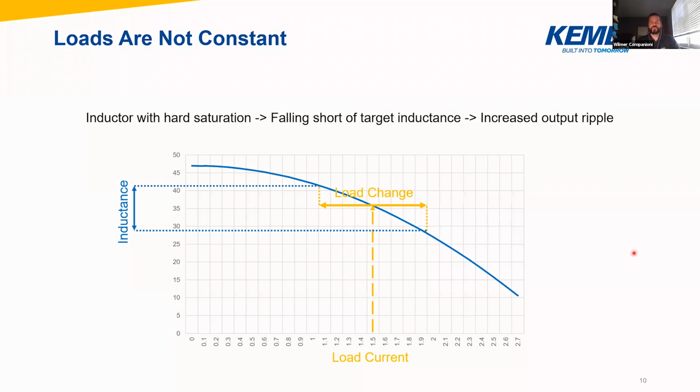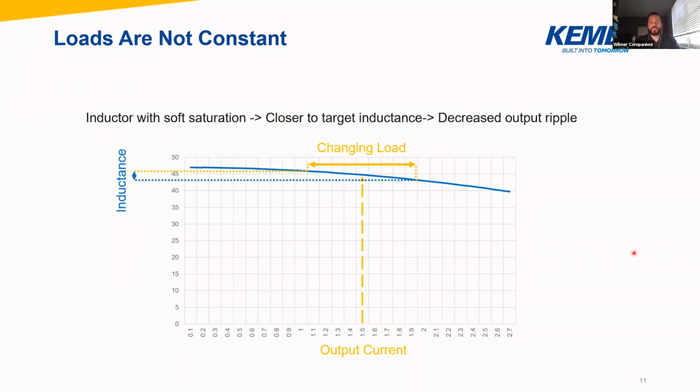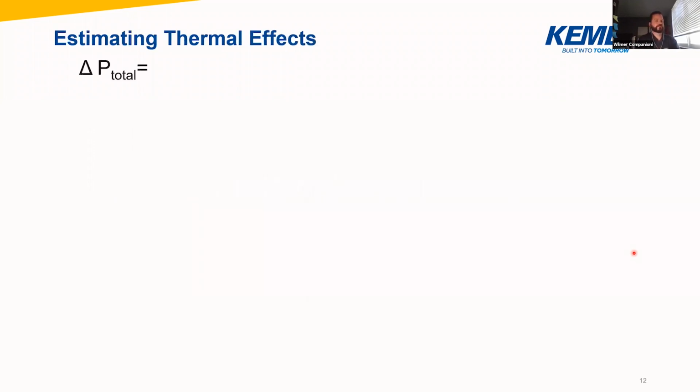And that deviation will take you away from your desired operating parameters. Whereas if you were to choose a metal composite inductor with a softer saturation profile, where the inductance is much more stable with output current, then that softer saturation profile will have much less of an effect on the actual delivered inductance, and that'll help keep you closer to the desired operating conditions.